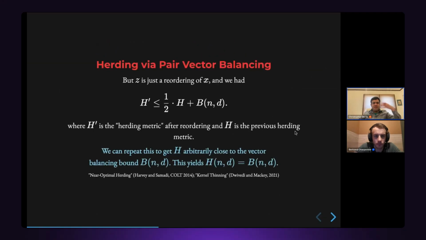And so this means that we can just repeat this over and over again to get arbitrarily close to the vector balancing bound. Because at every step, your herding metric, how good your permutation is, improves by a factor of 1/2, and then you add this vector balancing in.